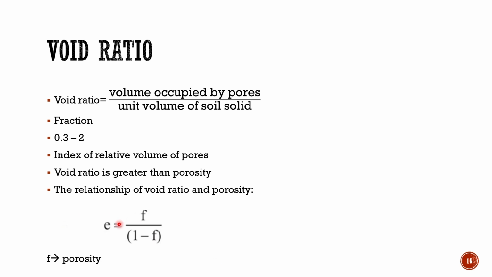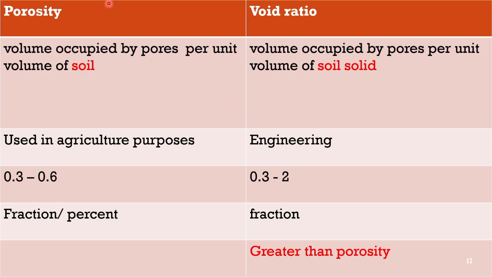I hope everyone understood this concept and definition. Void ratio means volume occupied by pores per unit volume of soil solid. And this is the difference between porosity and void ratio. Porosity is the volume occupied by the pores per unit volume of soil, while void ratio is the volume occupied by the pores per unit volume of soil solid.